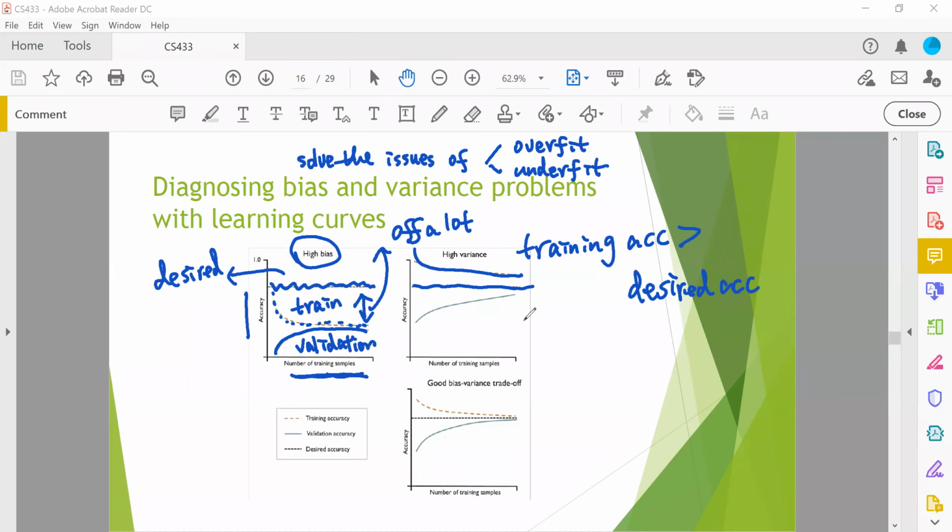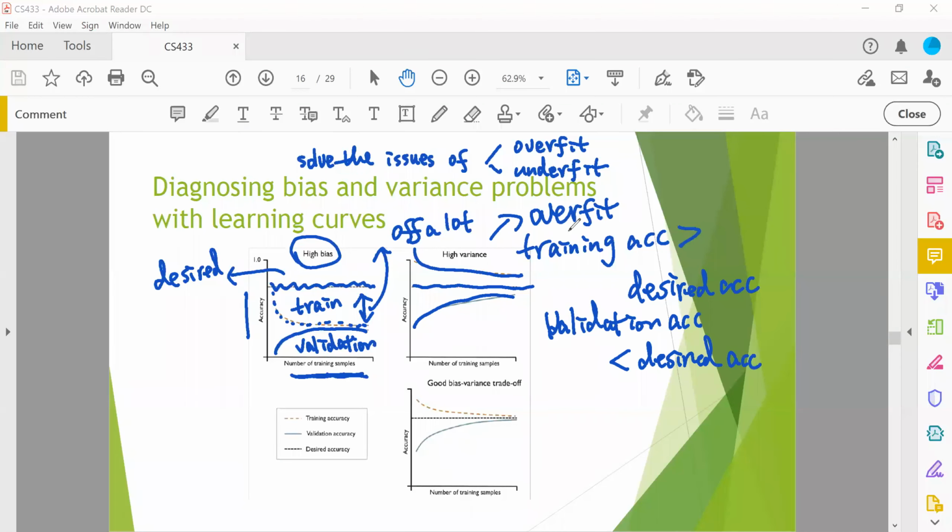But validation accuracy, you can see in this case, is lower than the desired accuracy. Of course, this causes overfit. That's what we call overfit, and overfit is caused by higher variance.